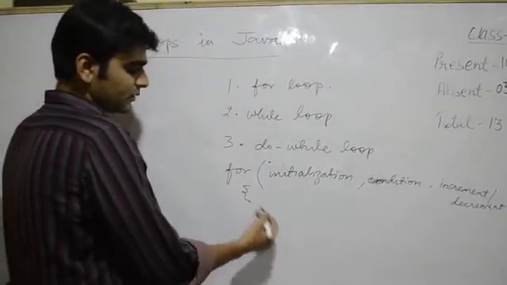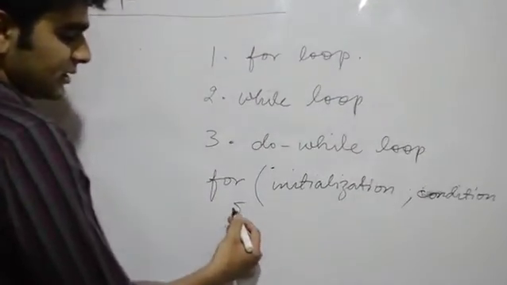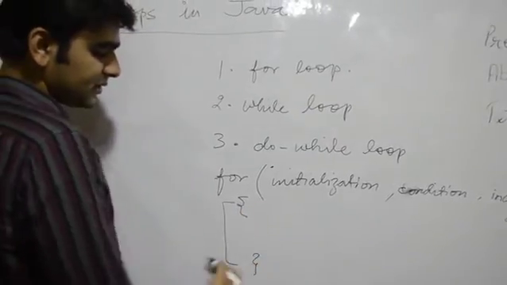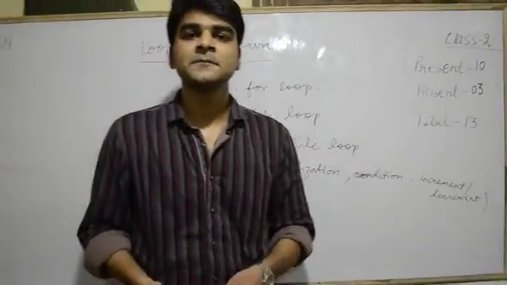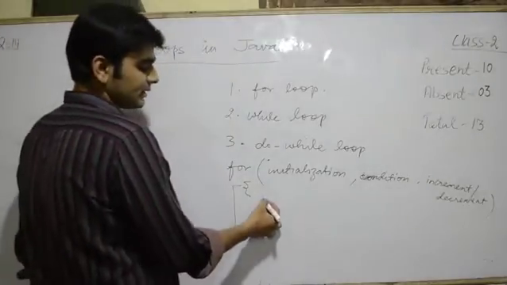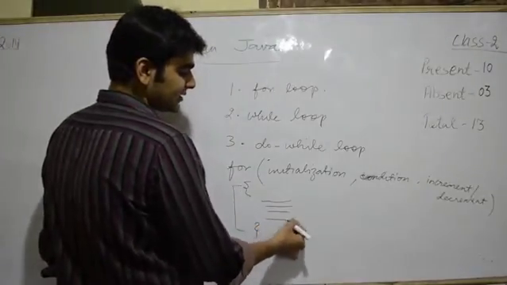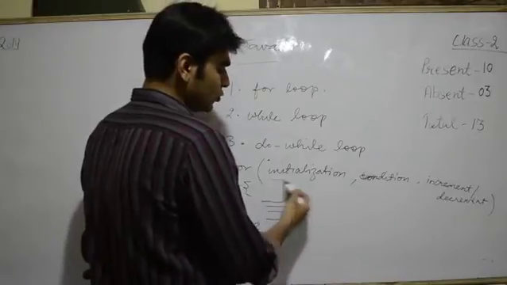We then have the body of the loop that starts with a curly bracket and ends with a similar curly brace. Whatever we write inside a loop is executed as many times as the loop executes.